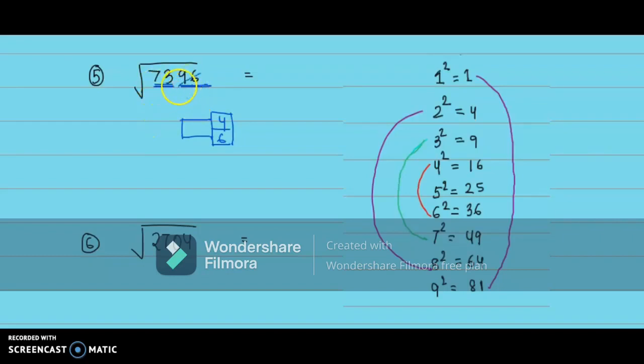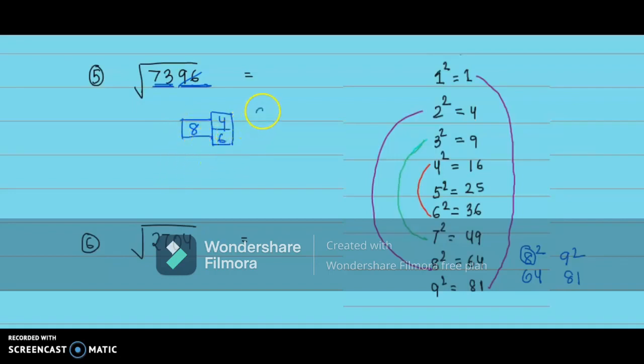Now you have to find out where 73 lies. 73 lies between 8 square and 9 square, because 8 square is 64, 9 square is 81. We will always select the smaller number. So our digit at the tens place will be 8, as between 8 and 9, 8 is smaller.